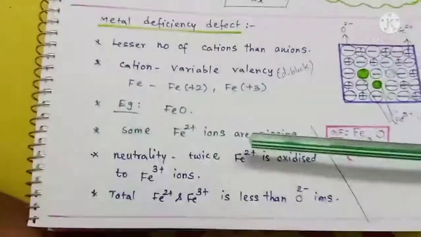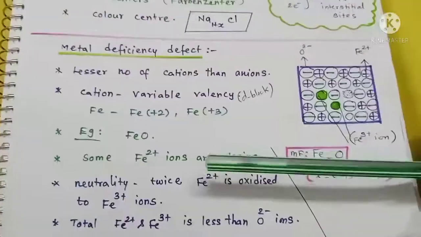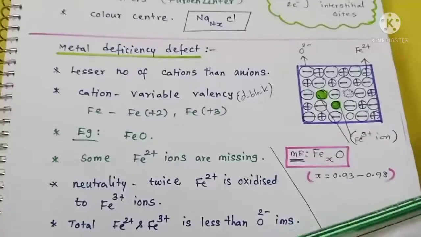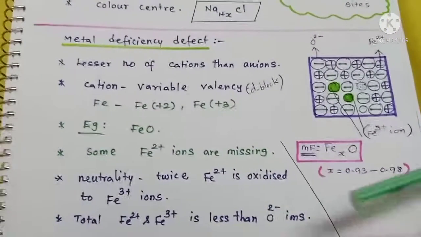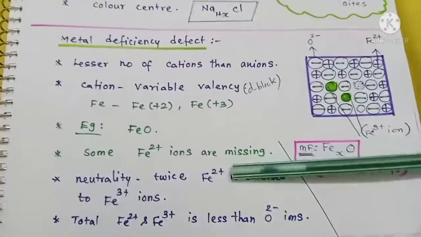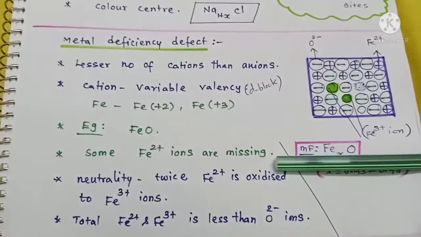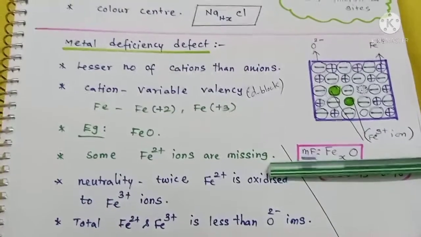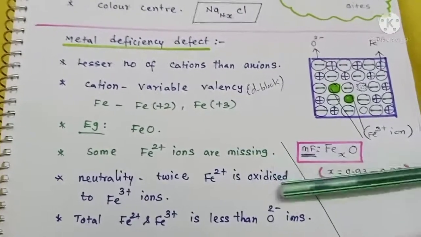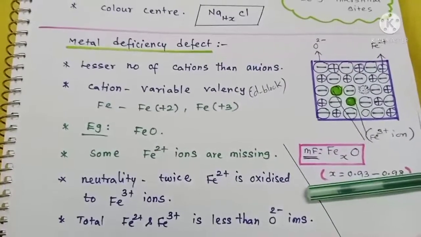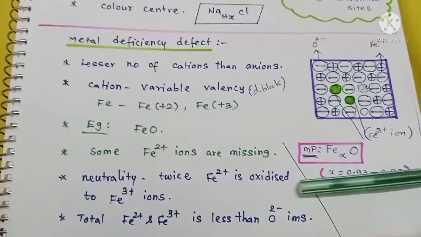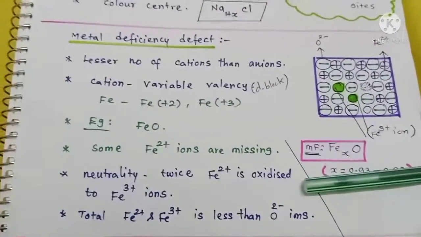And let us discuss an example, iron oxide. So iron oxide is an example of metal deficiency, iron sulfide, etc. Okay. Right here, a certain number of Fe2+ ions are missing. So due to the missing positive ion, the negative charge is found to be greater than the positive charge, isn't it?